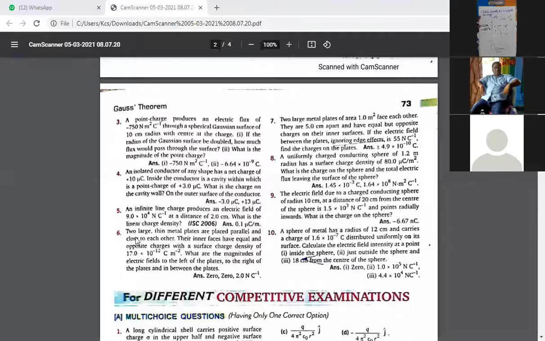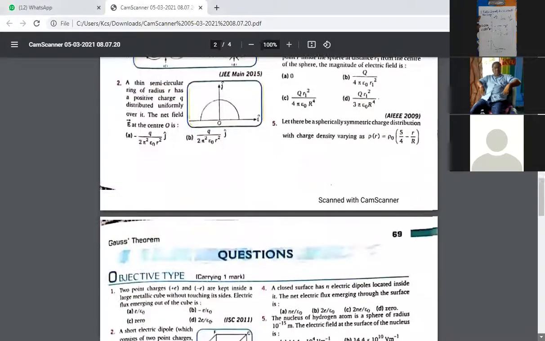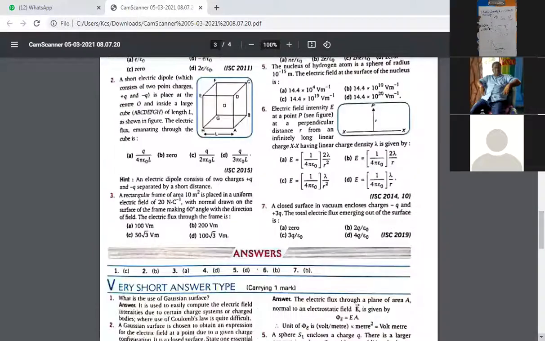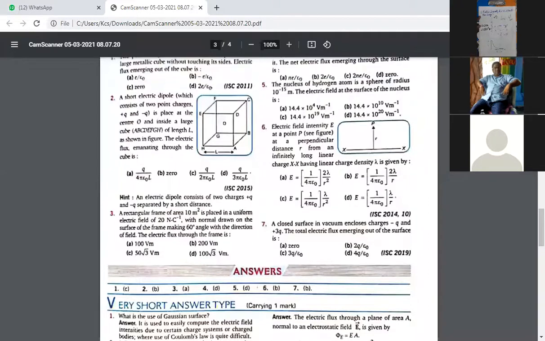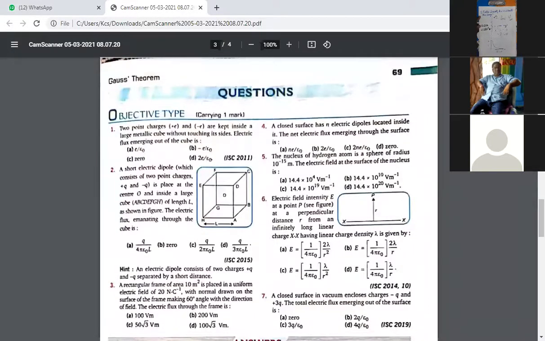Now you can do question number 6 also. So all of you try to do these questions. It's clear? Do these questions. And then you must do these objective questions also. Objective questions are also very important.